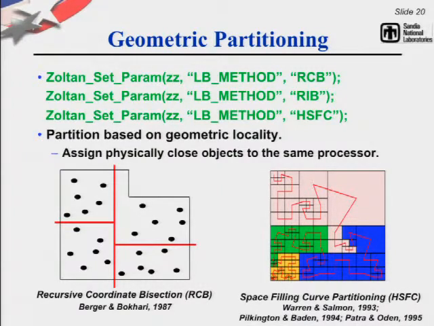As I said, RCB will use these straight cuts. The space-filling curves will go around in a recursive fashion. And in our experience, RCB tends to be very fast to compute and produce reasonably good results. So a lot of people actually prefer this as the default setting.